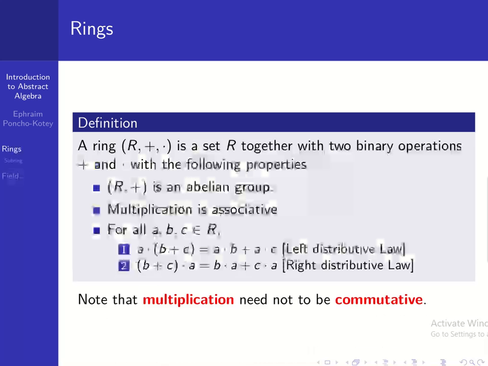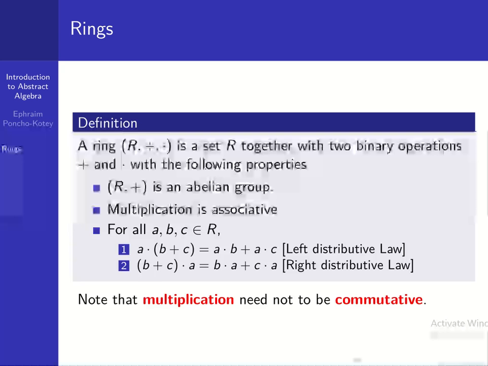Now let's begin. Let's start off with rings. A ring (R, plus, dot), where we read the dot as multiplication, is said to be a ring if it satisfies these properties. First, (R, plus) should be an abelian group, which means that plus should be commutative. Dot, that's multiplication, should also be associative.